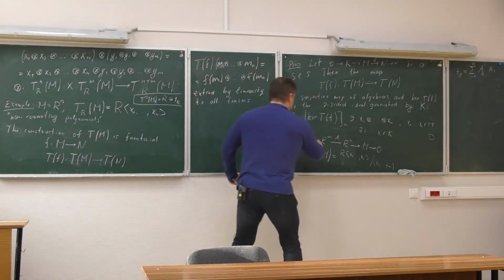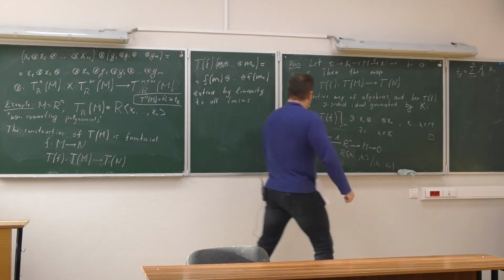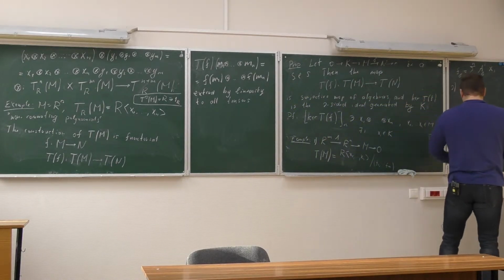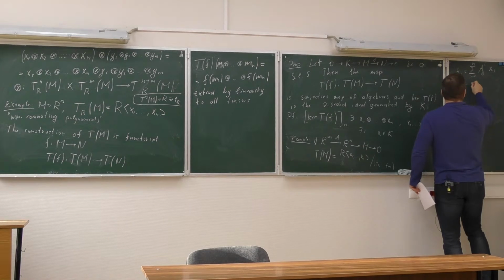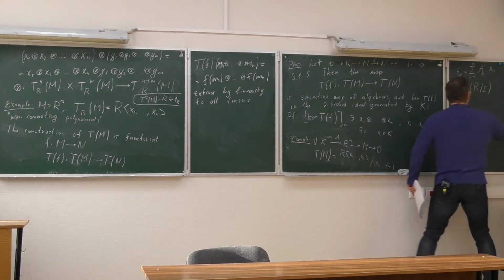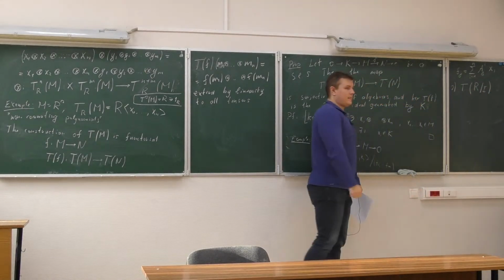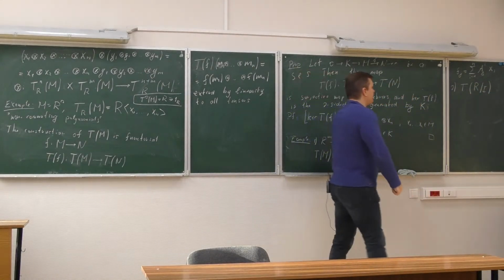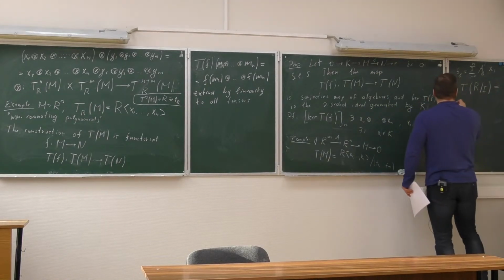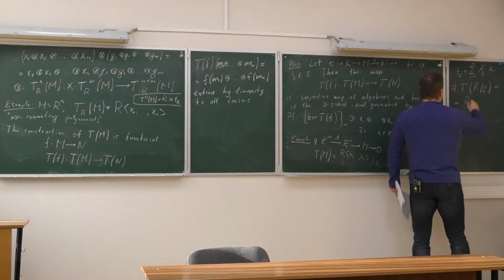Okay, maybe we'll do another example. So this is example 1 and example 2. This is just an example of this example. What can we say about the tensor algebra of a cyclic module? Well, there are two ways to compute this, but if you just use this proposition or the previous example that follows from the proposition, we can say that this is the tensor algebra on one generator.